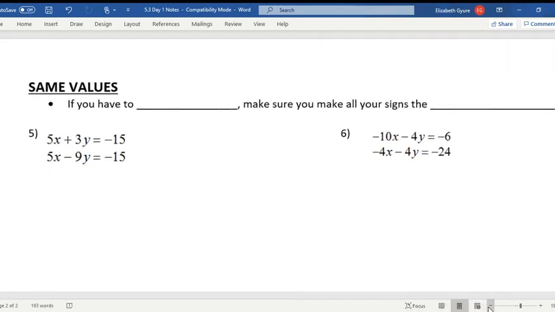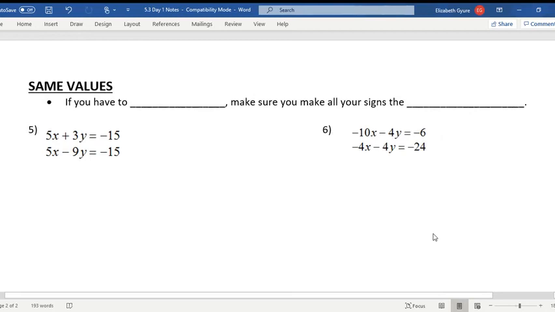So now what's just slightly different is what if you have the same values, like a positive 5x and a positive 5x? Will two positives cancel? No. So we're going to have to do something a little extra. If you have to subtract, what we're going to have to do with these ones, if you take 5x plus 5x, that won't cancel, right?